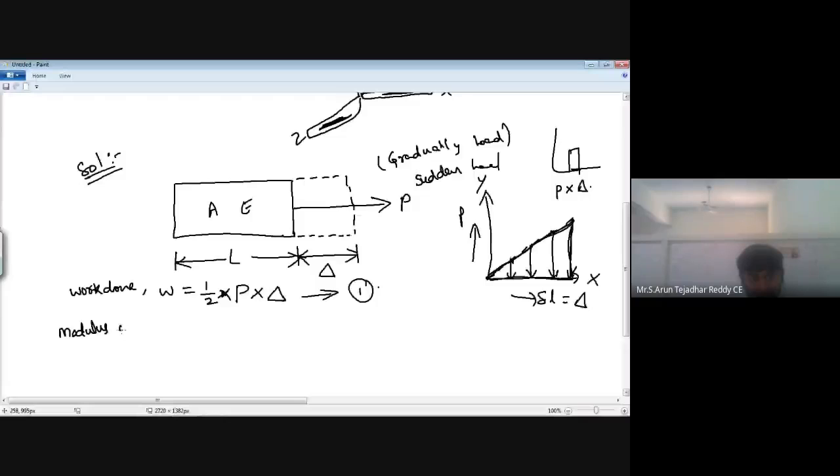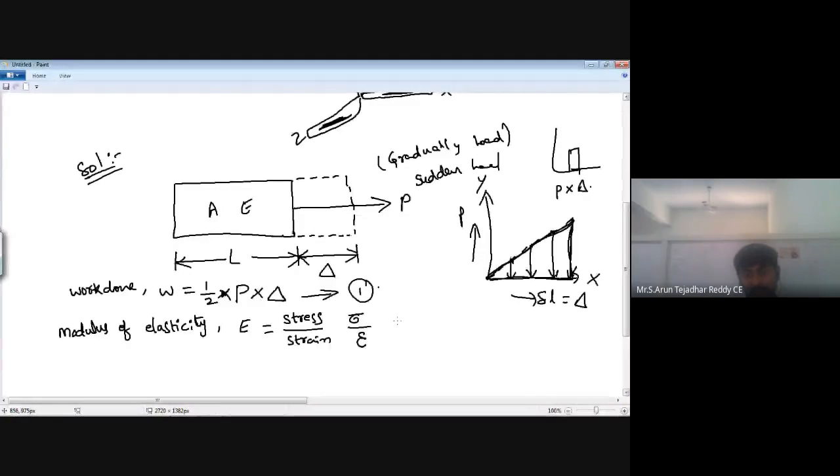Next, due to that figure, what is the modulus of elasticity? All of you write in your notebooks: modulus of elasticity E is equal to stress by strain. Stress is indicated as sigma, strain is indicated by this symbol.